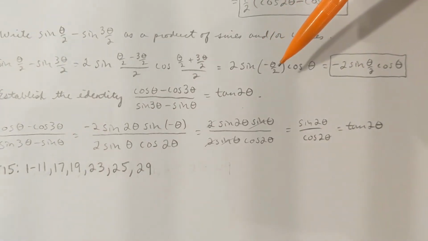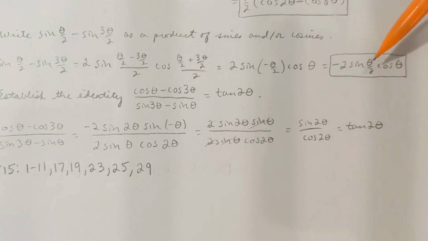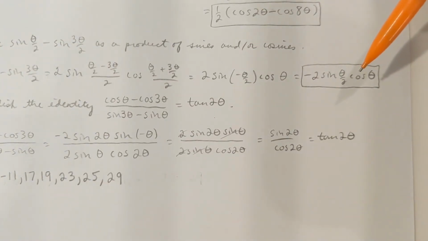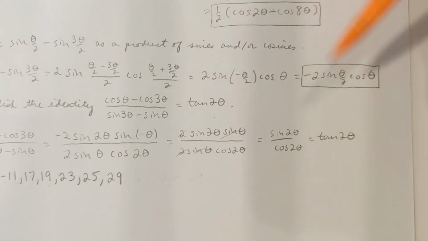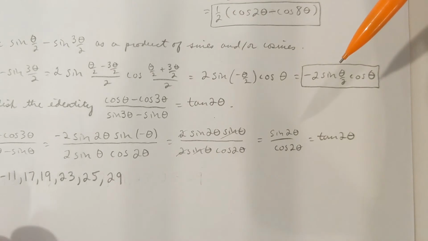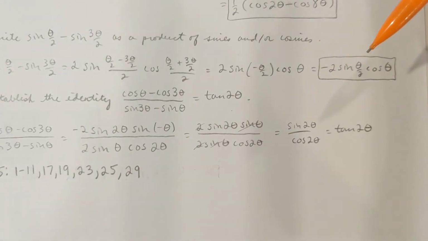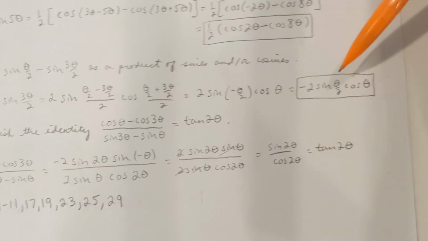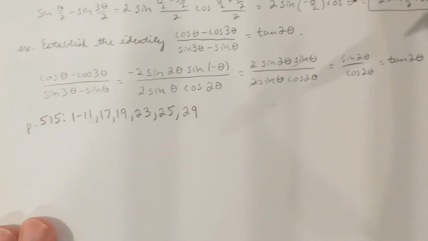Sine of negative theta over 2 is the same as negative sine of theta over 2, since the sine function is an odd function. It's typical to give answers without negative angles. That's how the book will be doing it. So there's my product then.